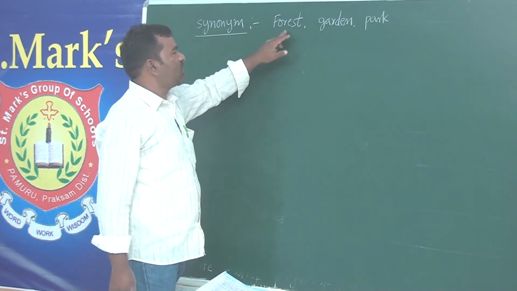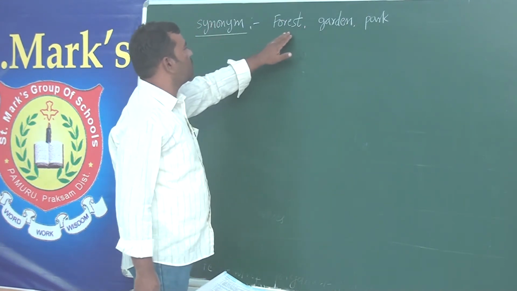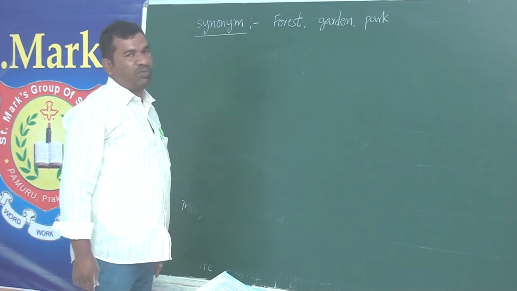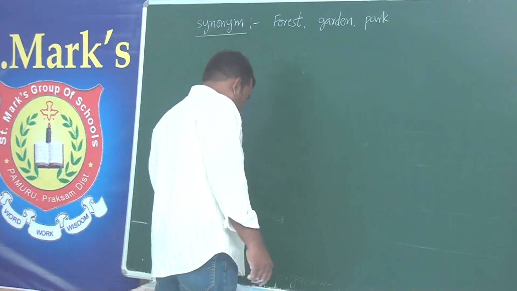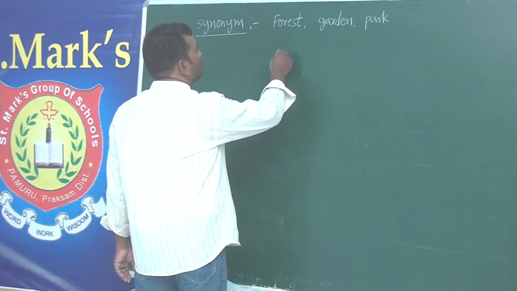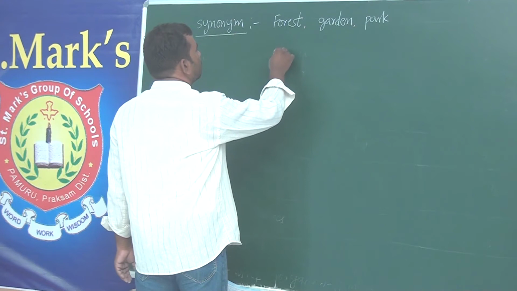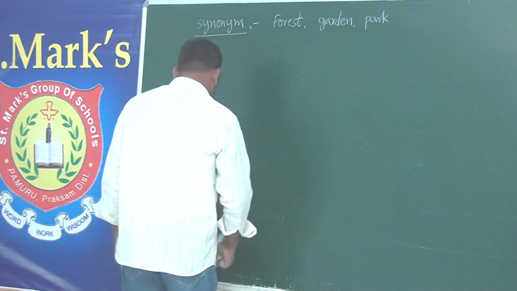Understand? So these similarities we can find among these three. Therefore these are called synonyms. Okay? We will see one more example for it.